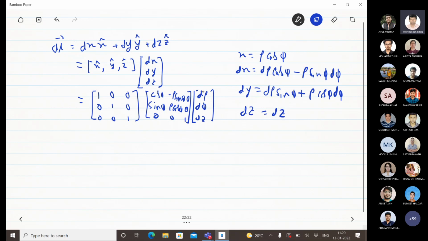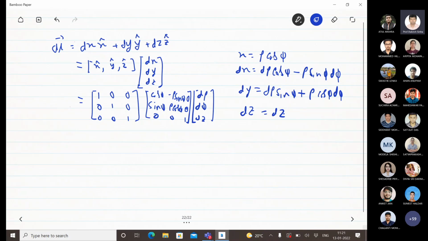If you multiply this row with the vector, you will get dz. If you multiply the row sin phi, rho cos phi, 0 with the vector, you will get sin phi d rho plus rho cos phi d phi. Similarly, multiplying the other row gives you the corresponding value.